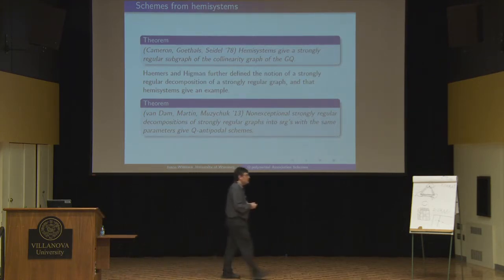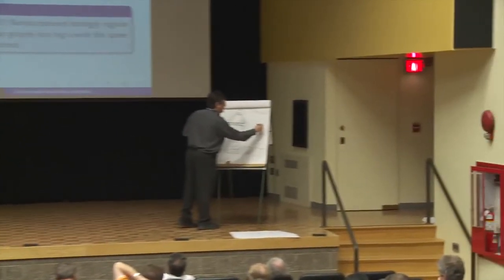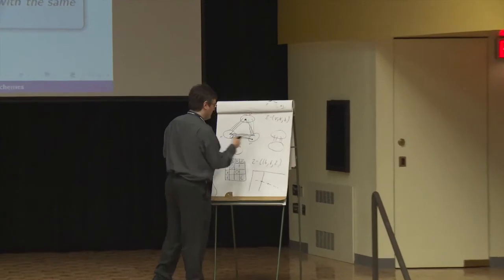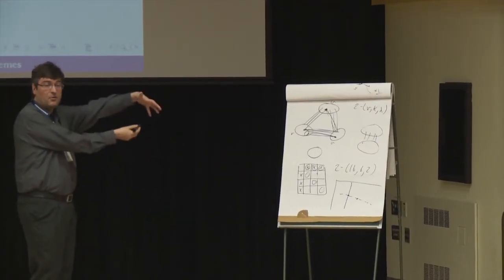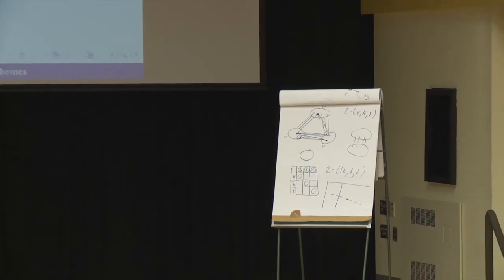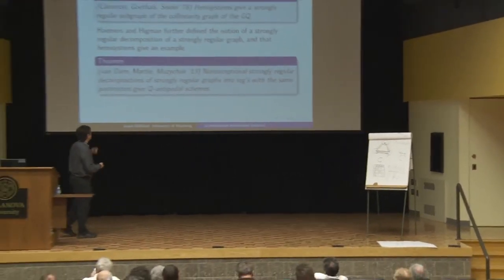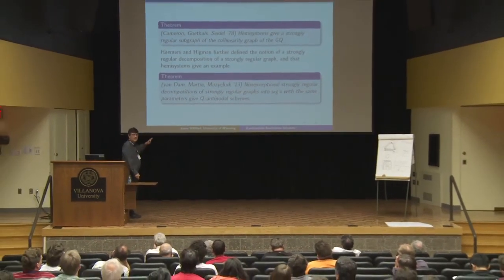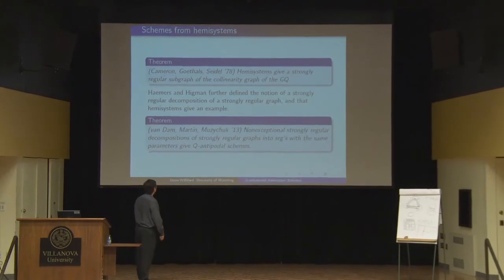So you're getting Q-antipodal schemes this time with just two pieces, and relations between them given in a natural way from the strongly regular graph that you've split into two pieces. Okay, so strongly regular graphs with strongly regular decompositions now come into play, and these hemisystems give an infinite family of examples.